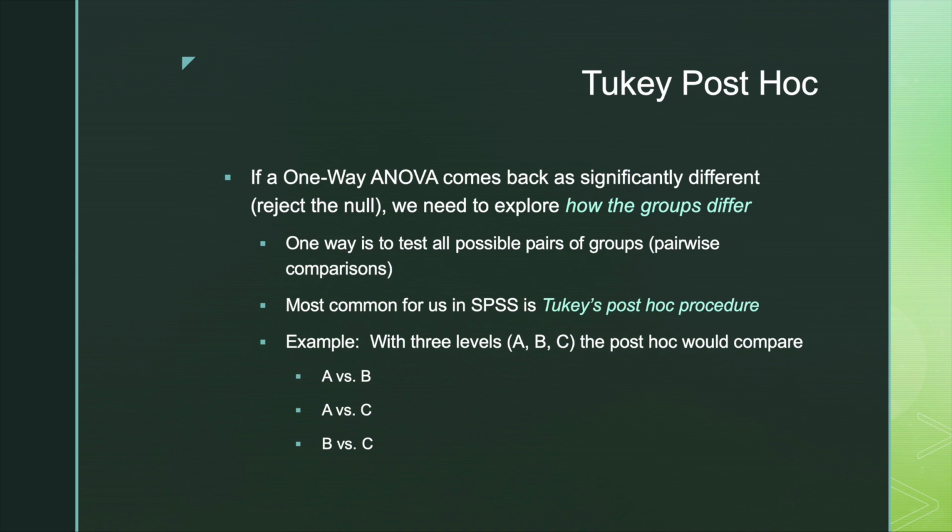But that seems silly to have us manually do that when we can ask SPSS to do it for us in this Tukey's post-hoc procedure. And what the post-hoc would do for these, let's just say the three levels in the example here, A, B, and C, is it would compare A versus B, A versus C, and B versus C. So it does all three of those for us automatically, rather than us needing to do three independent samples t-tests.